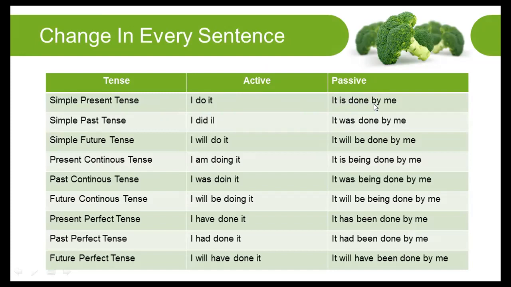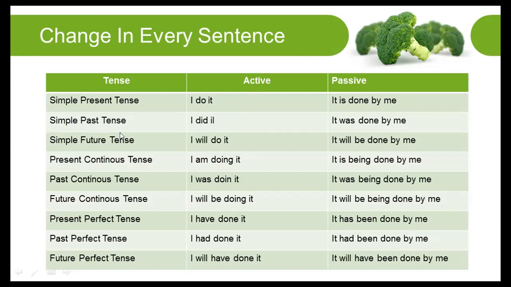Don't forget to put by, and we change I to the pronoun me. This is the example for simple present tense: we change active to passive, I do it becomes it is done by me.